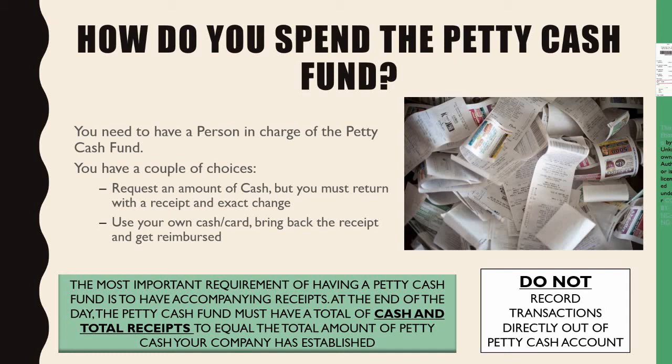No matter what, when you take money away from the petty cash drawer, the person you gave the money to must come back with that same exact voucher, with the receipt and the exact change.